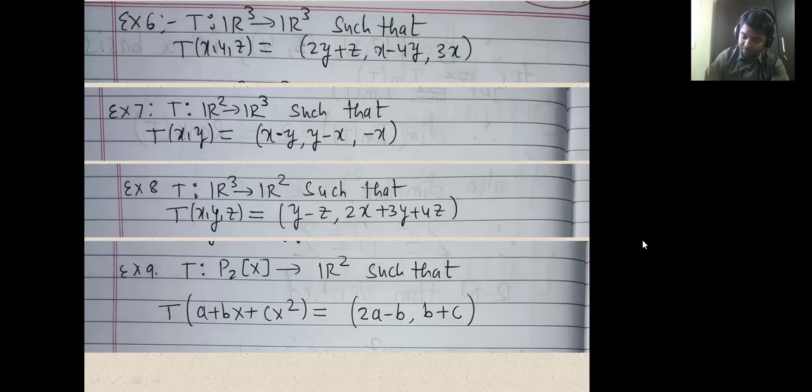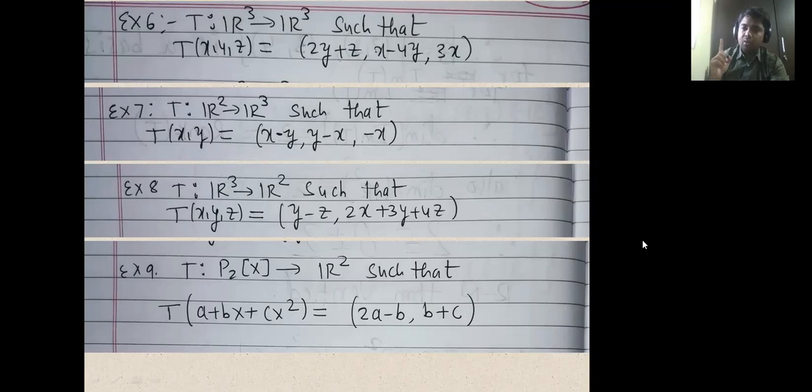Therefore B, which is equal to the set {(-7, 2, 2)}, is a basis for kernel T. So it's a basis for kernel T. Therefore the dimension of kernel T is equal to 1.